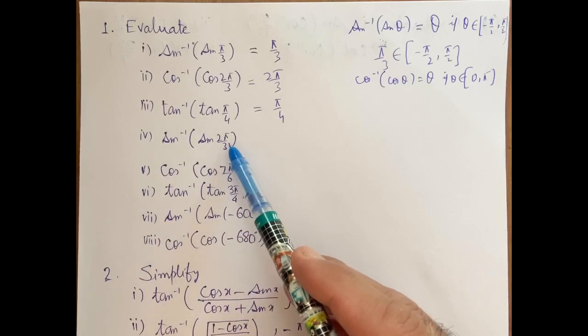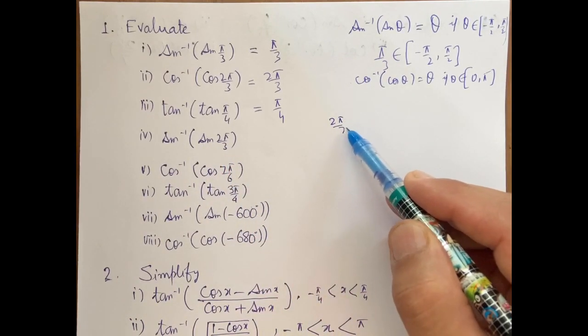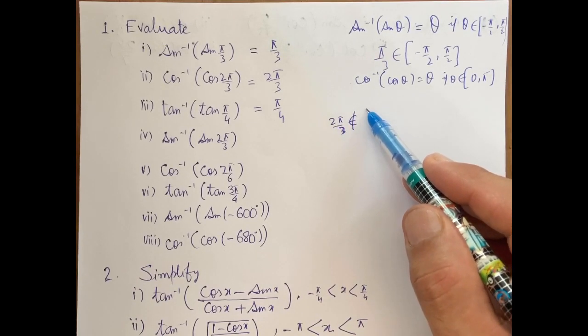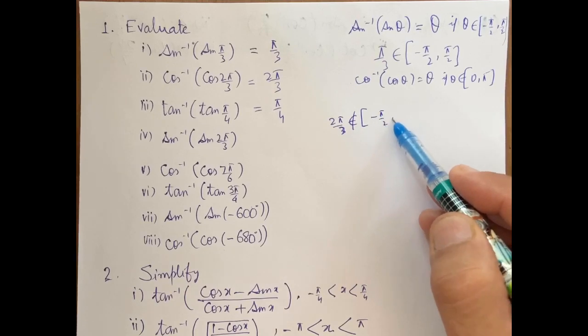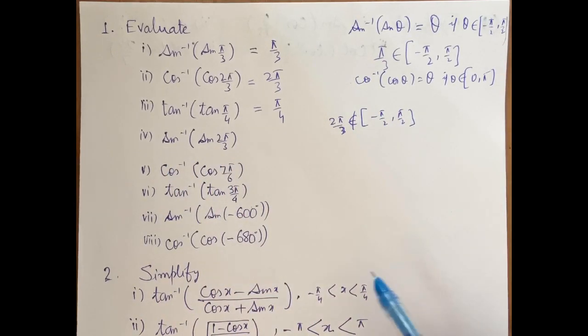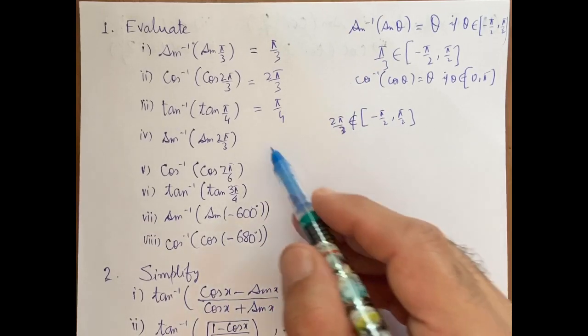Sine inverse of sine 2 pi by 3. 2 pi by 3 doesn't belong to the interval minus pi by 2 to plus pi by 2. Therefore, this is not equal to 2 pi by 3. So, using allied angles, we can make it lie in this interval.